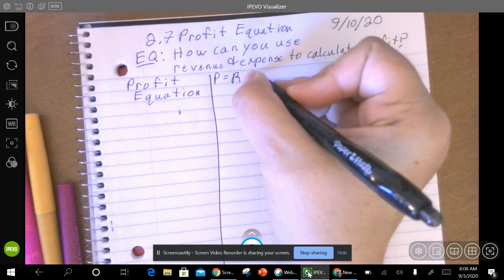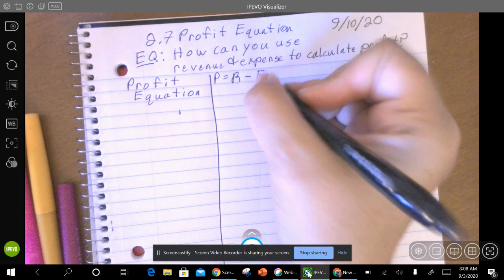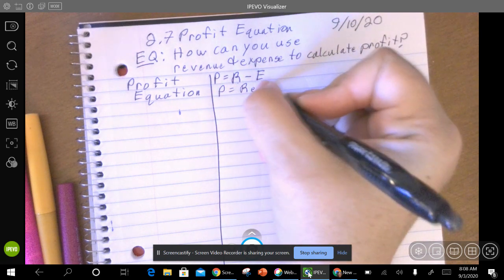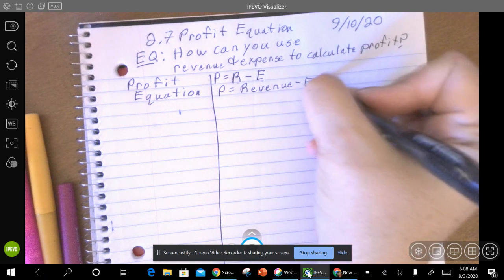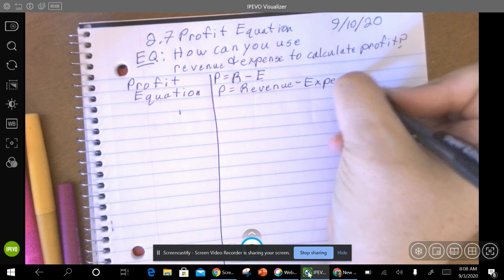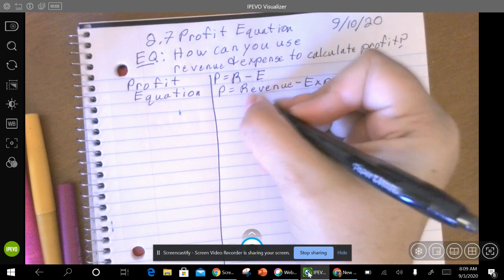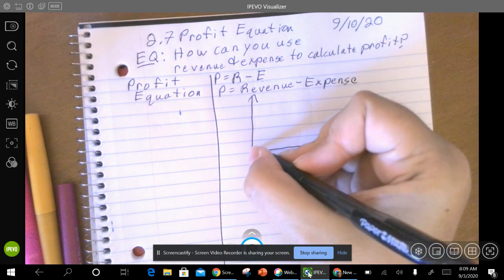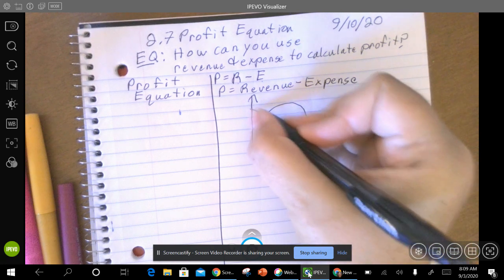So profit is equal to the revenue minus the expense. Profit is the amount of money that the company is making.